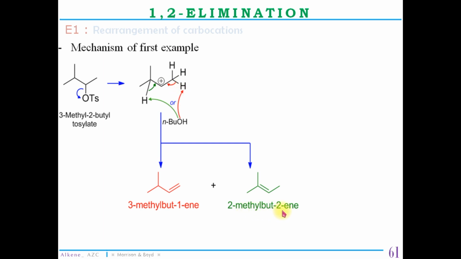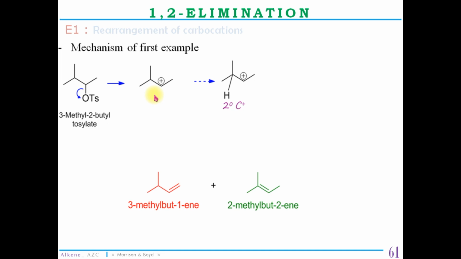2-methyl butene, while the base will abstract this tertiary hydrogen. When we look at the structure of the intermediate, here is a secondary carbocation. The adjacent carbon to this secondary carbocation is the tertiary carbon, which contains a carbon-hydrogen bond.